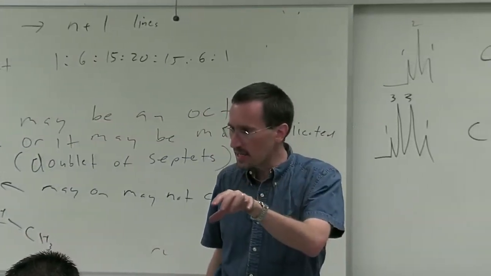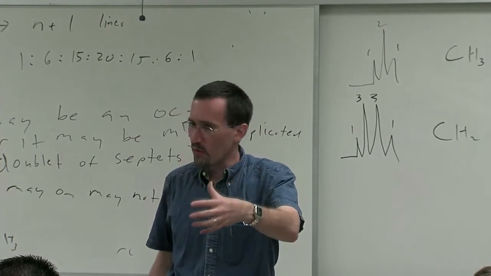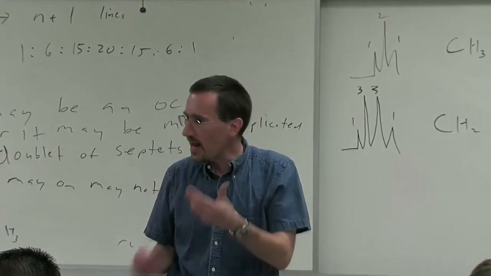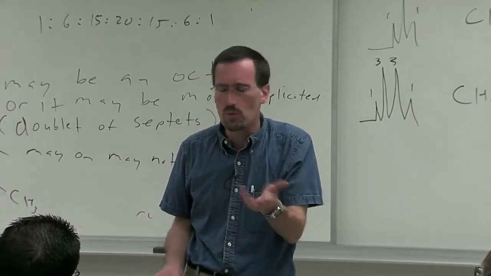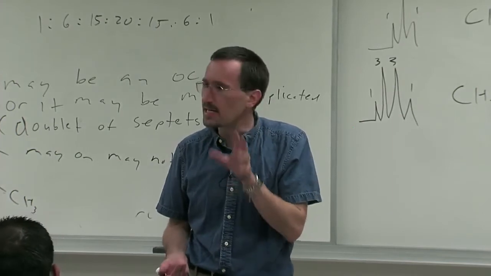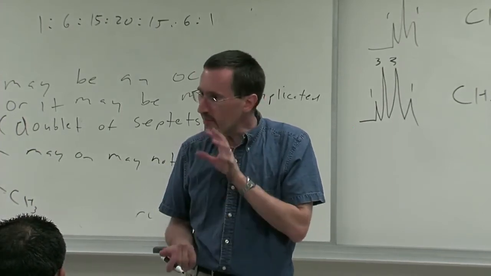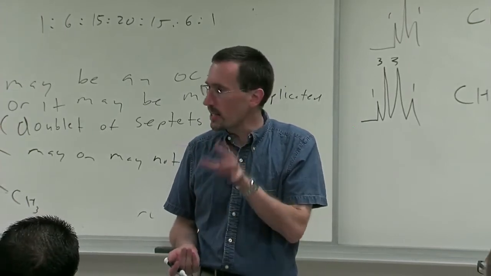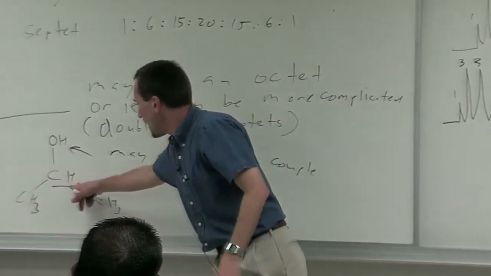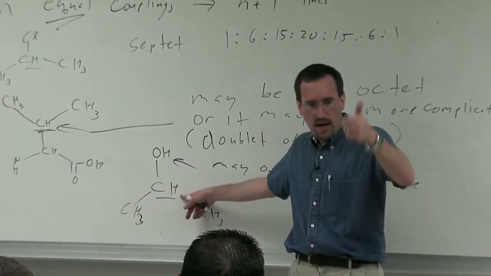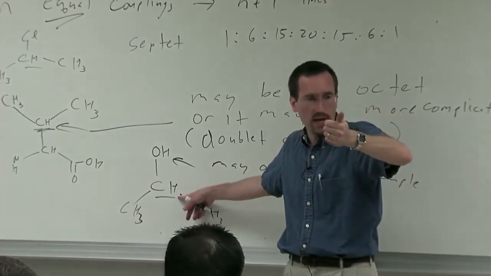It has to stay attached for a time that's roughly 1 over the coupling constant. Since coupling constants are typically on the order of about 7 hertz, it has to stay attached for hundreds of milliseconds or longer. If that hydrogen exchanges on the order of tens of milliseconds, this methine is not going to see it as either spin up or spin down. It will see an average, and you won't get coupling.